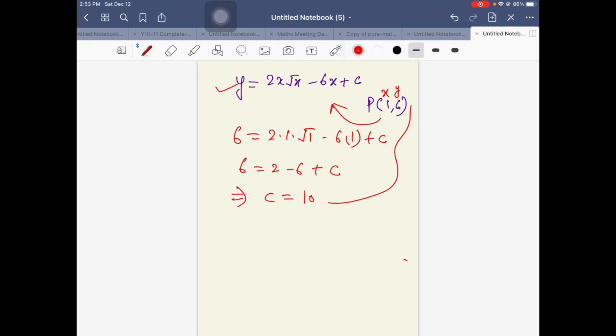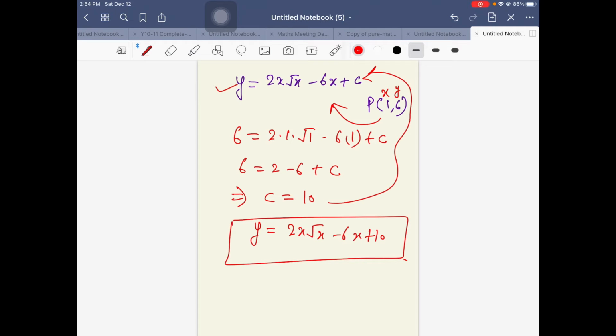So plug the value of c back in. What you get is y equals 2x root x minus 6x plus 10. So this is the equation of the curve, and the A part is done.